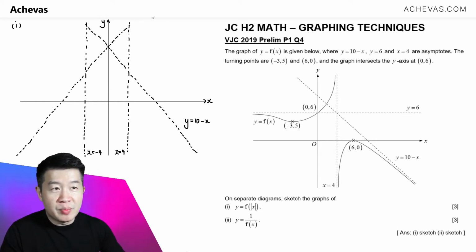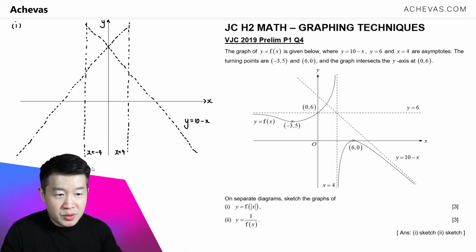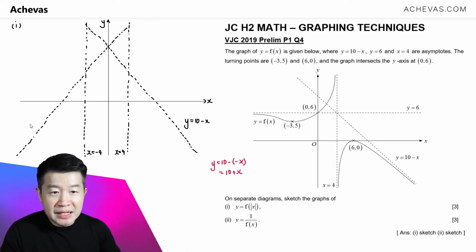So x is going to be replaced by minus x, which means that we are going to have y is equal to 10 minus, where x is replaced by minus x. So we will have 10 plus x. So this will be my labeling for the oblique asymptote. So we have y is equal to 10 plus x.